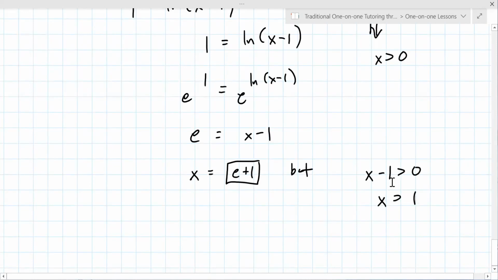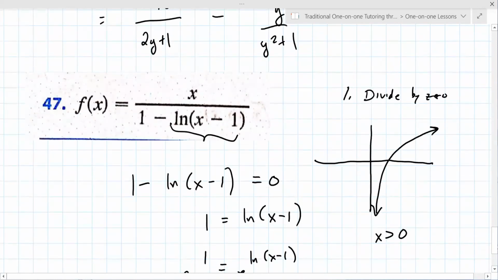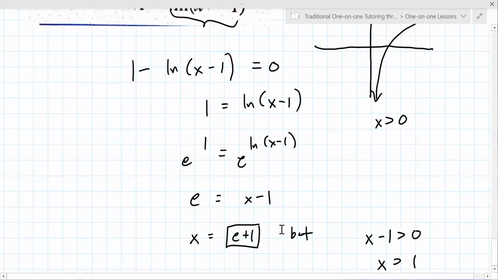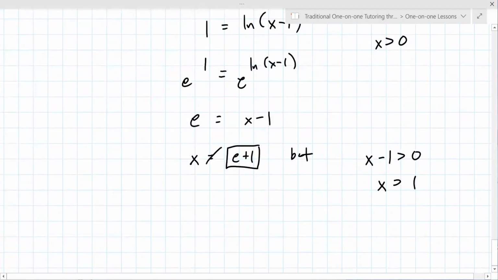Just to put that in context, let's say x equaled 0. Natural log of 0 minus 1 does not exist. x equals negative 2, we have the same problem. The natural log of a negative number just doesn't exist. So we said it can't be e plus 1, but it also has to be greater than 1.